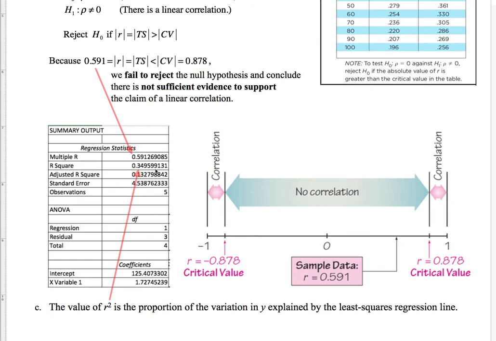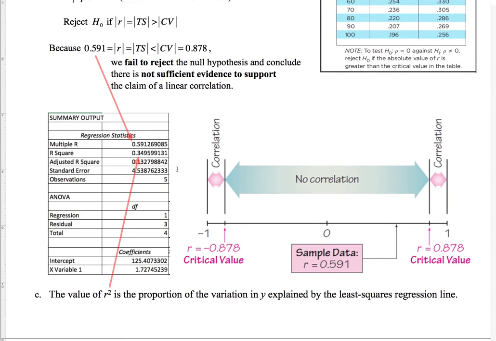And so we see right here that r squared is 0.349599, so I rounded that up to 0.3496, and that is the proportion of the variation in y that's explained by the least squares regression line.